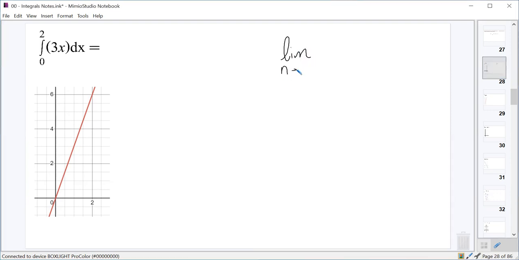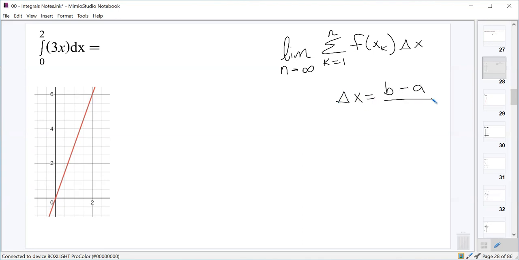is a limit as n approaches infinity of a sum from k equals 1 to n of f of x sub k times delta x. And as we talked about last time, our delta x value is always going to be equal to b minus a over n.